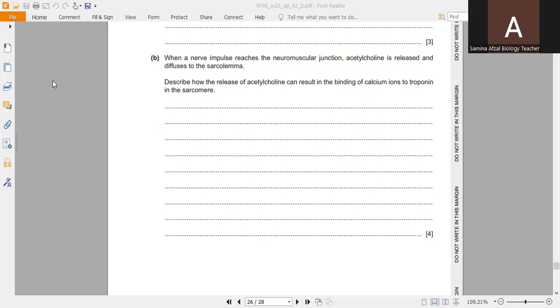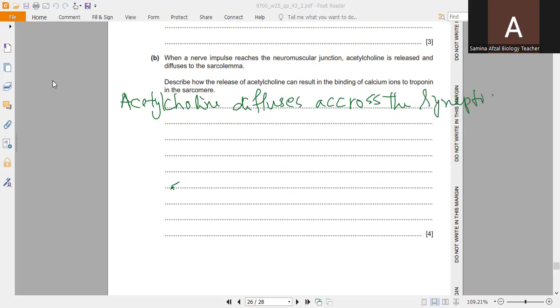So acetylcholine diffuses across the synaptic cleft and binds to receptors on the sarcolemma.